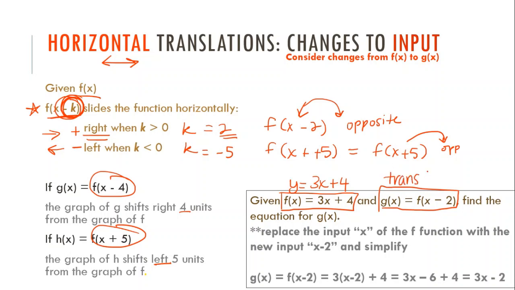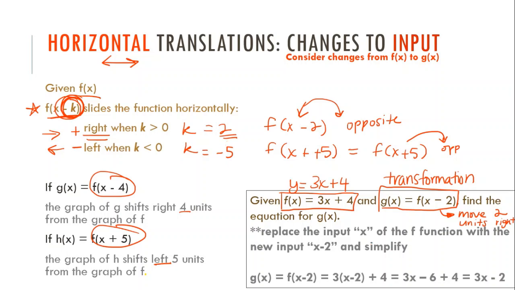This is my transformation. So this is telling me I've got x minus 2. Remember, it's opposite, so I'm moving 2 units right, because the sign is opposite. Just like we did in this example here, if I'm moving x minus 2, my k value, or the value that I'm moving, is really positive 2 units.